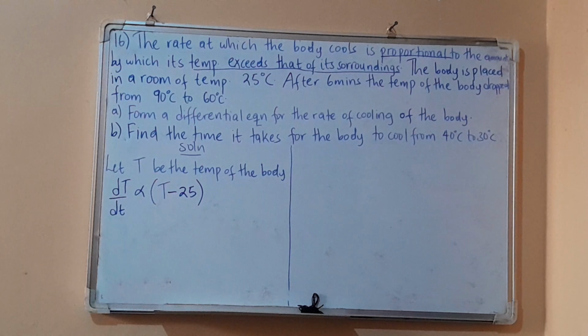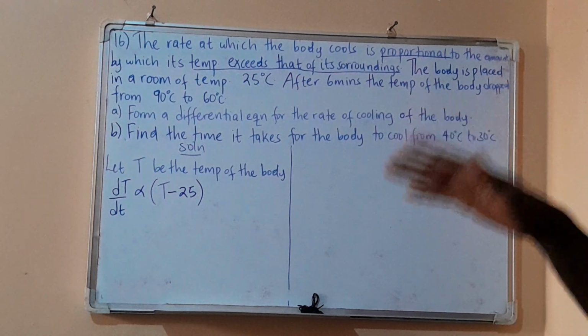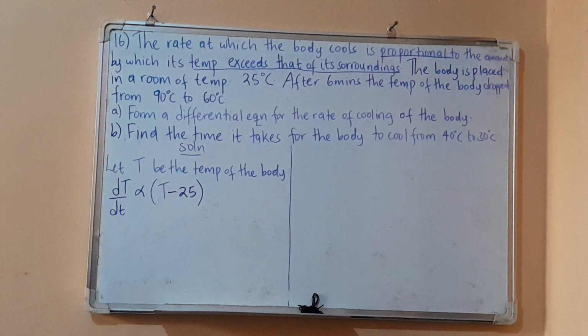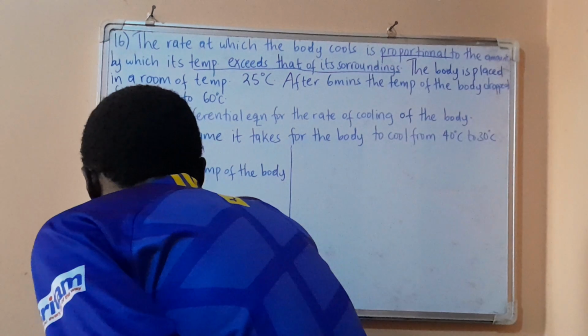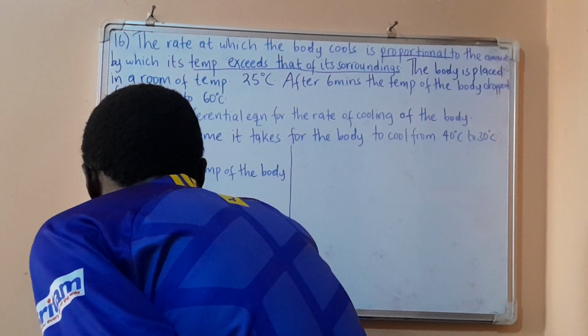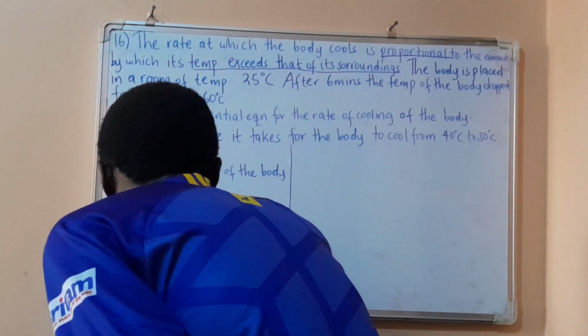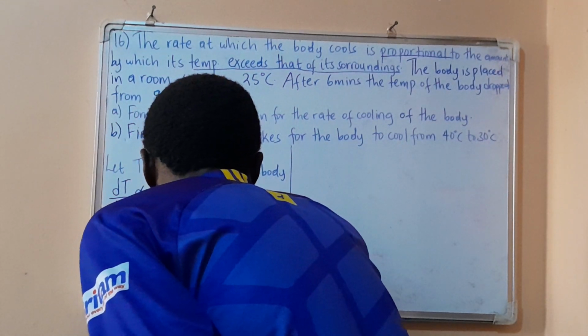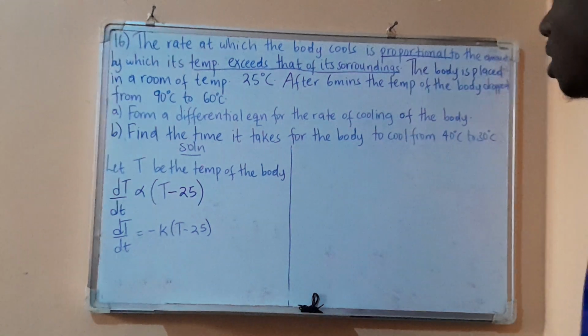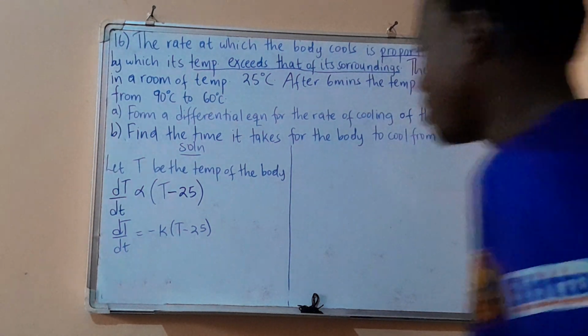Now we can deal with this. The rate at which the body cools. So the temperature of the body is decreasing, so to get rid of this proportionality, we are going to introduce a negative constant. Now we can solve this. Separate variables.